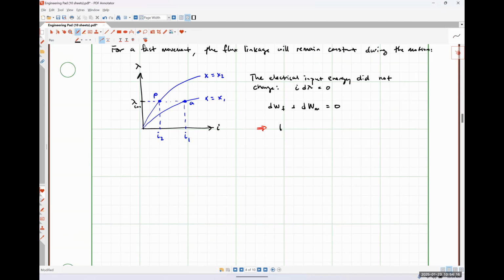So dWm will be equal to negative dWf. So essentially, the mechanical energy is the decrease in the field energy.